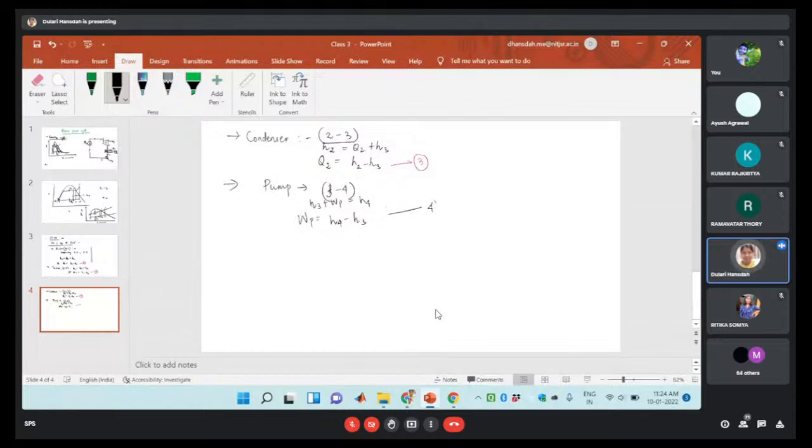This is equation 4, your pump work. So we have found the turbine work, heat addition, heat rejection, and compression or pump work.